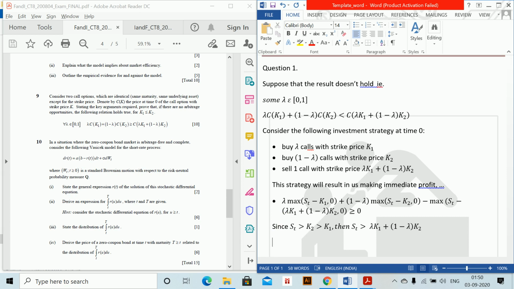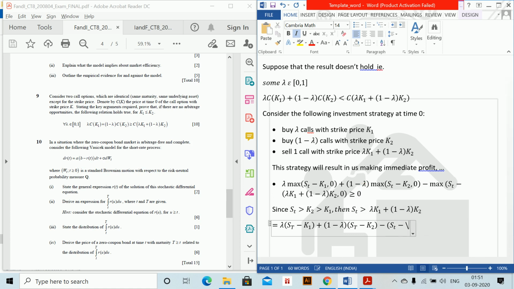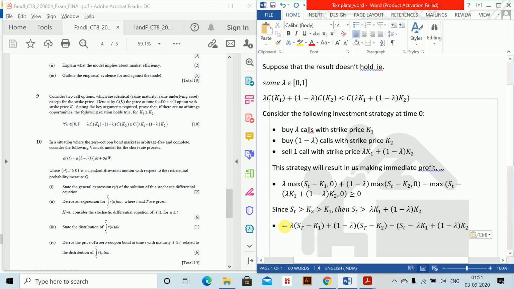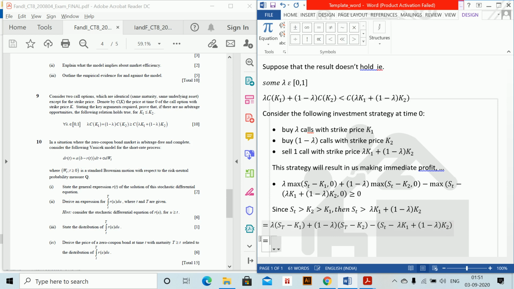Therefore this is equal to lambda (S_T minus K1) plus (1 minus lambda)(S_T minus K2) minus (S_T minus (lambda K1 plus (1 minus lambda) K2)), brackets close. So this is equal to 0.